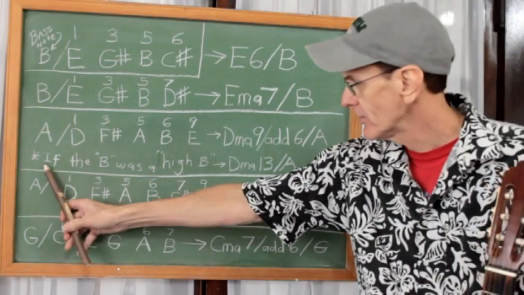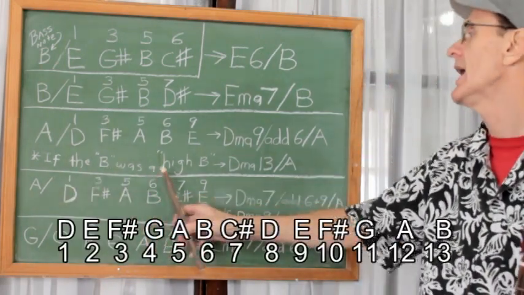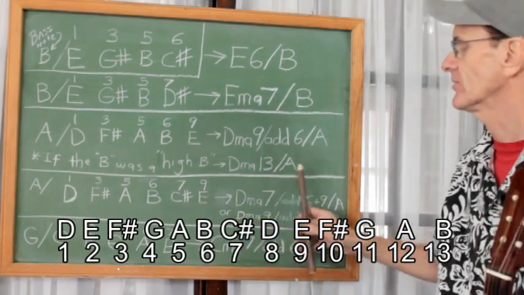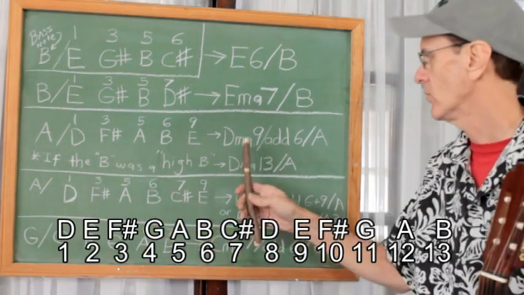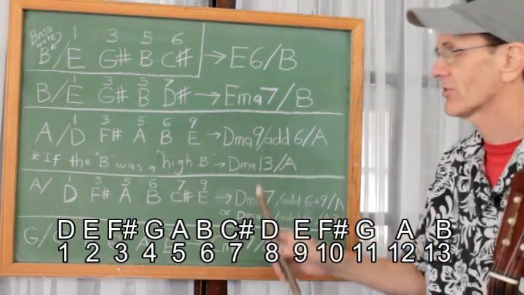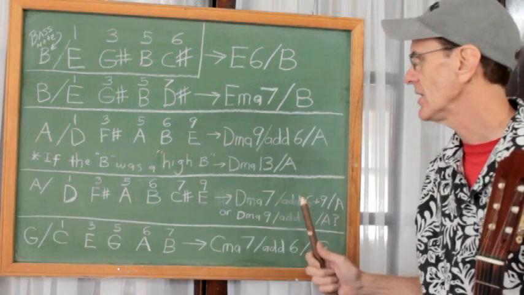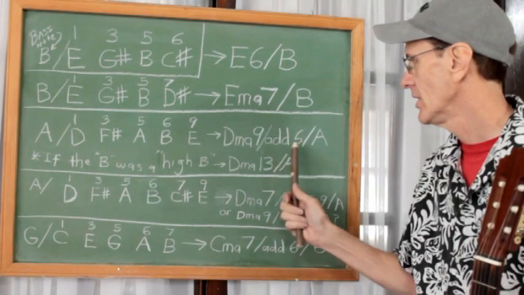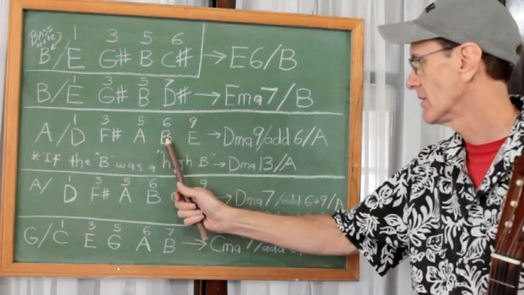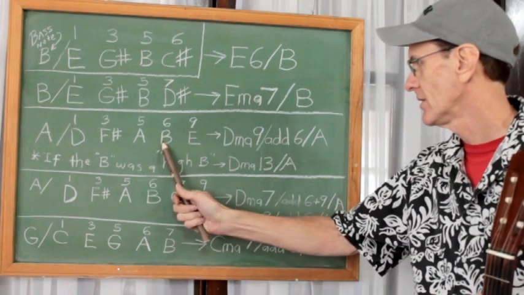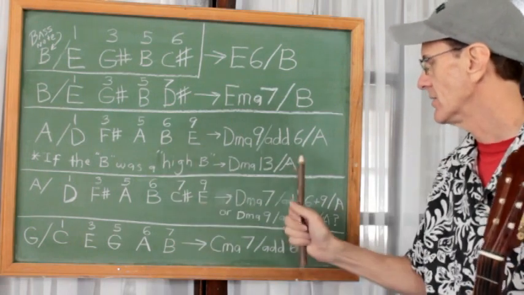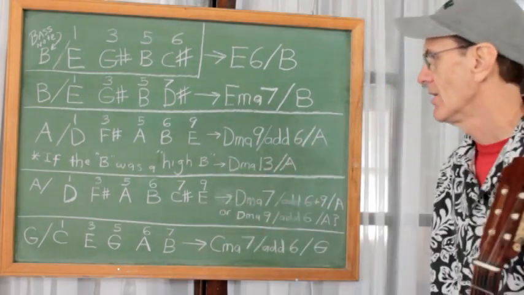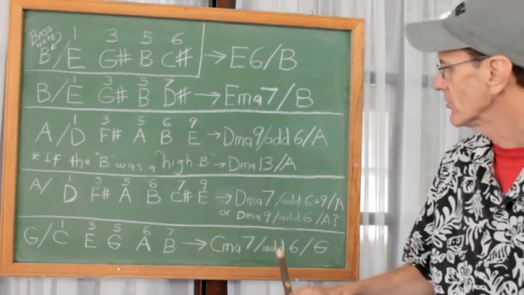Now I have a little note here. It says if the B was a high B, it would be a D major 13th slash A, because some people may want to call this long chord here D major 13th slash A. But the 6th, which would be an octave from the 13th, this B, that's the 6th there, and if it was a high B, then it would technically be, in my opinion, a D major 13th slash A. But anyway, that's up for discussion.